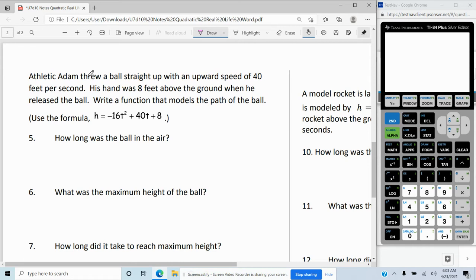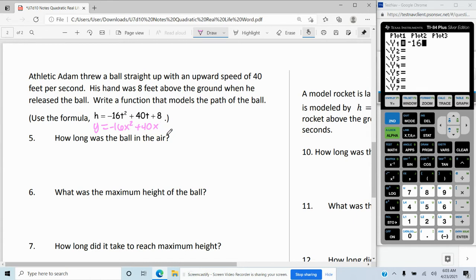Great. I'm going to put it in the calculator. I put in y equals, and I've got negative 16. Now remember, we have y, and on the calculator we have x. So truthfully, I'm going to put this one in because the calculator likes it better.